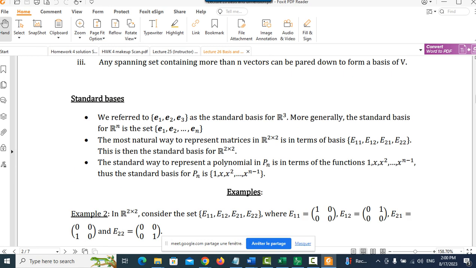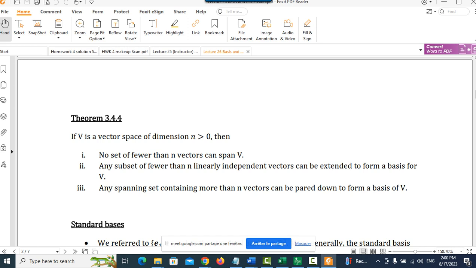If V is a vector space of dimension n, no set of fewer than n vectors can span V. So you cannot find a set of fewer than 3 vectors that can span R3.